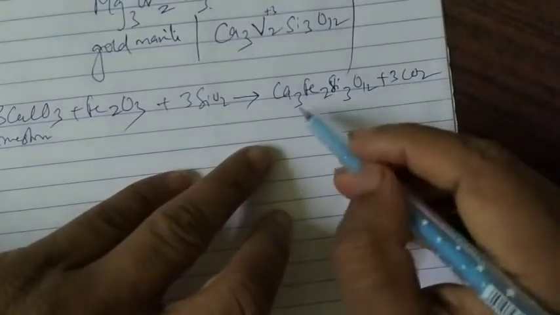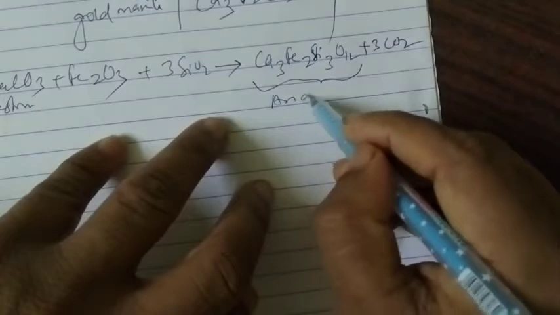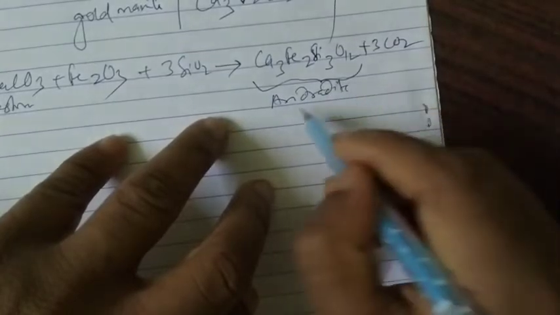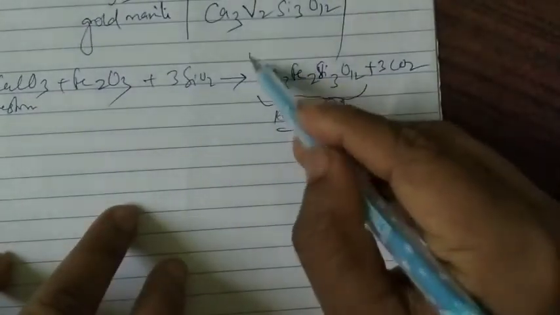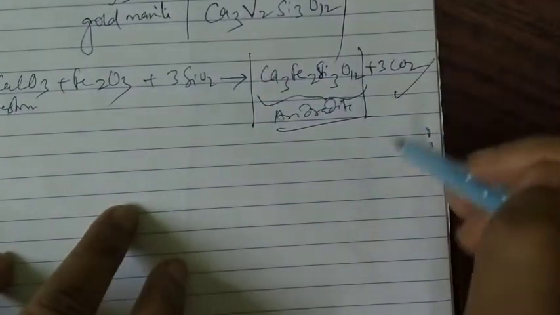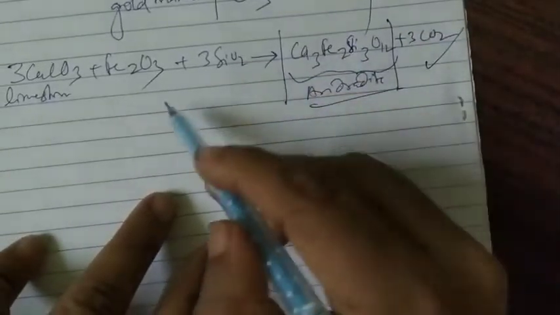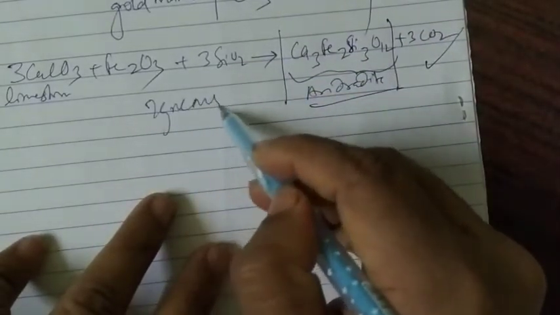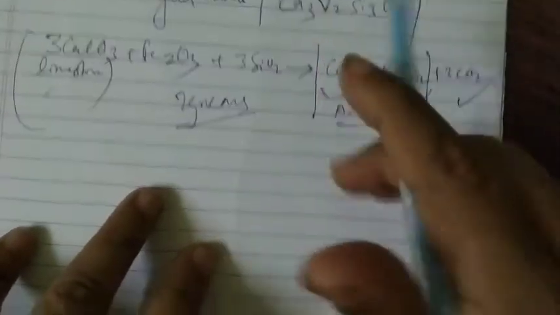This is which garnet? Andradite. This is how the reaction takes place usually, and you get these garnets with liberation of carbon dioxide. Andradite is obtained here. This is how, from the igneous rock and limestone, the garnet is formed.